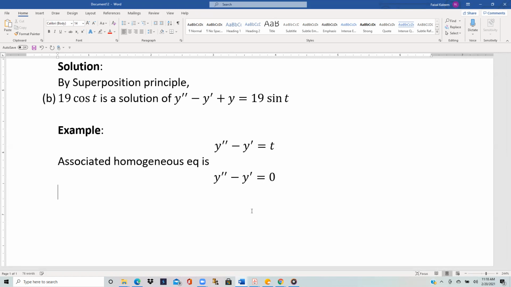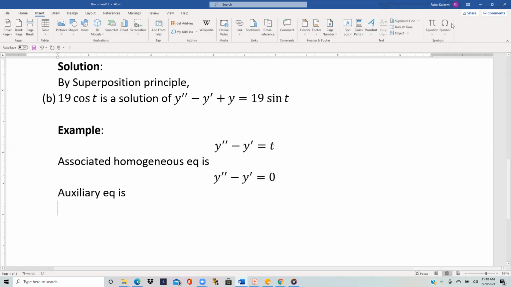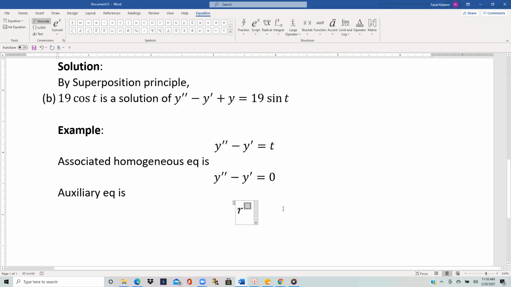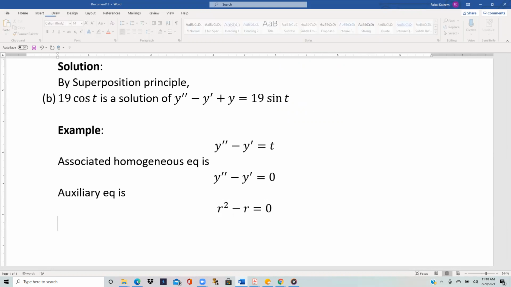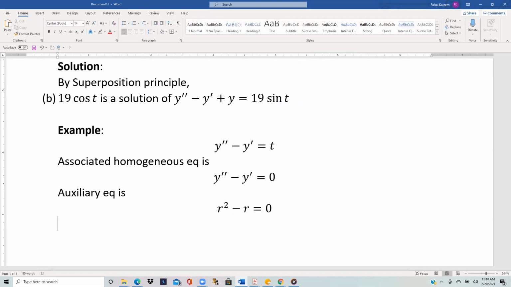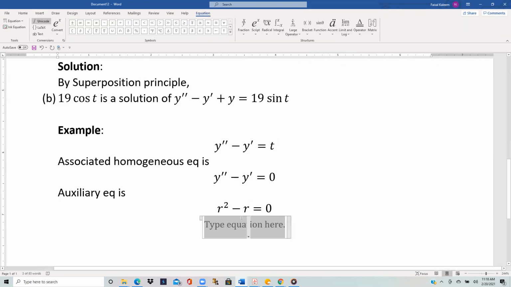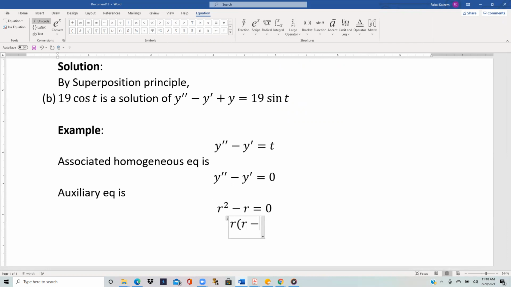And the auxiliary equation, so r squared minus r is equal to 0. And this one factors: r minus 1, r minus 1 is equal to 0.